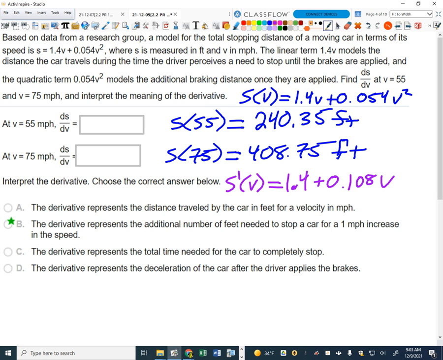Good. So there's our derivative function. That's the rate of change of stopping distance with respect to speed. Well, let's see what happens here. Let's look at these two. What's that telling us? That's harder to appreciate, what the meaning of that derivative is.